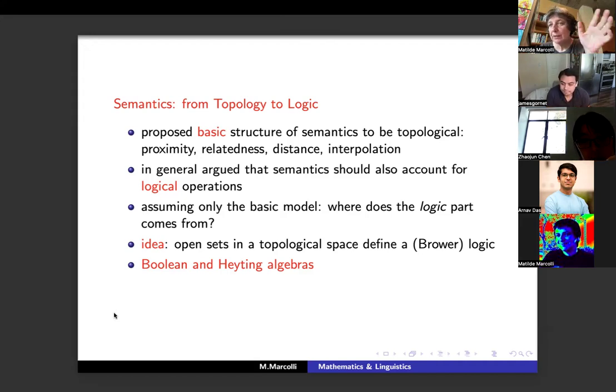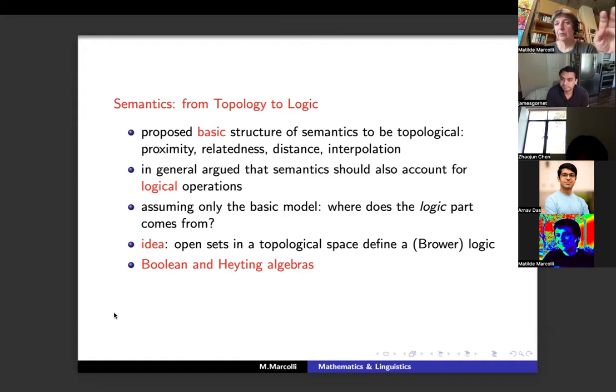So one thing that I want to stress is that if one starts from this very minimalistic view of how a semantic model can be built, where we assume the semantics is at the very heart just a topological relation of proximity, interpolation, distances, agreement, disagreement, this kind of structure.